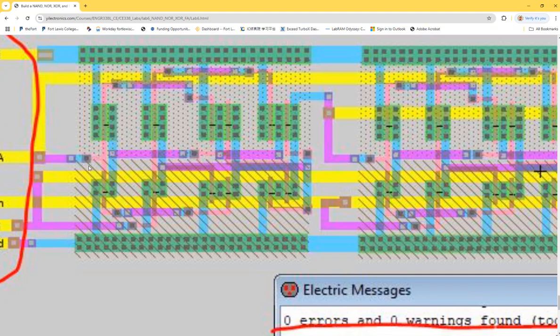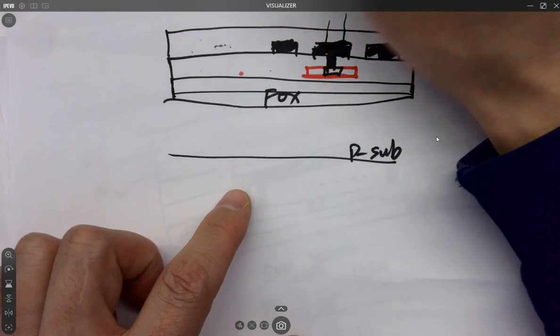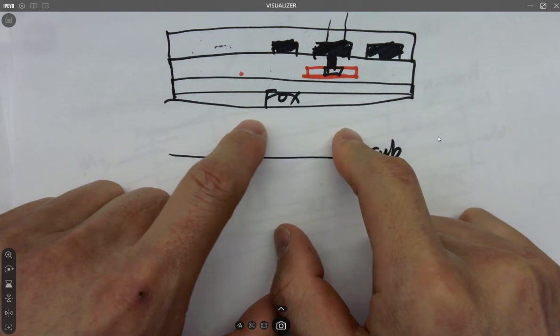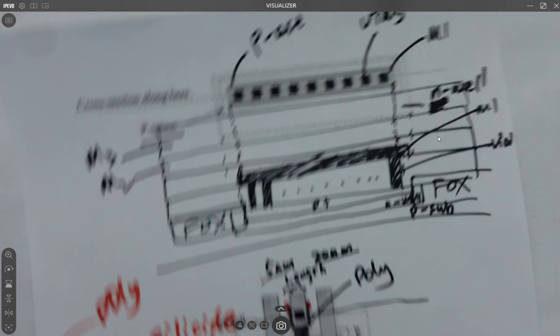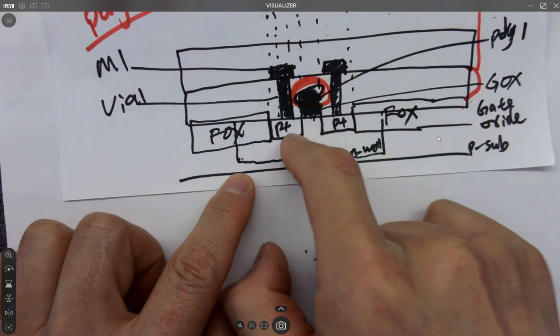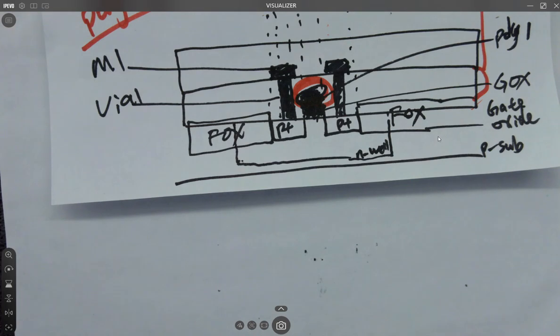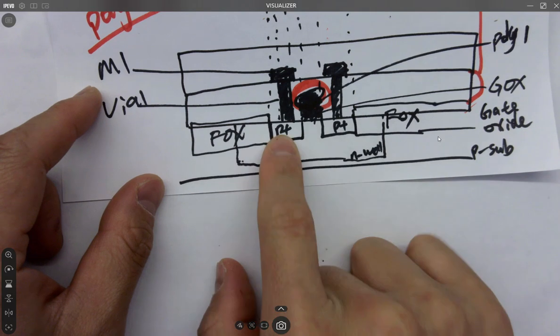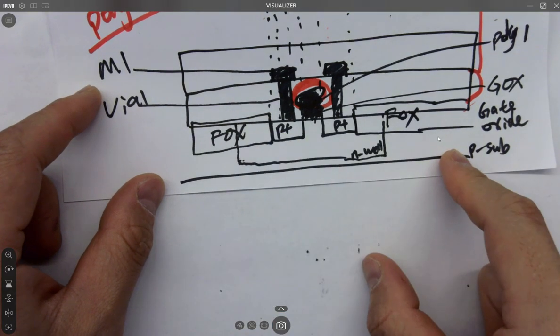They indicate a universal P sub, just to differentiate from N-well. All the NMOSes are fabricated in P subs, and all the PMOSes are fabricated in N-wells. So the dotted field is the N-well. In the N-well, you need a P plus put in it in order to not short the P plus to the P sub, because P subs are usually shorted to ground.